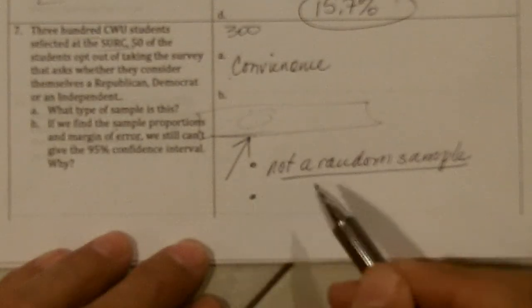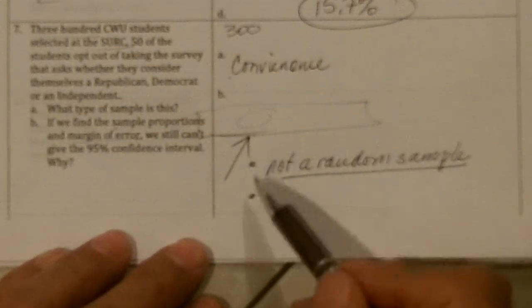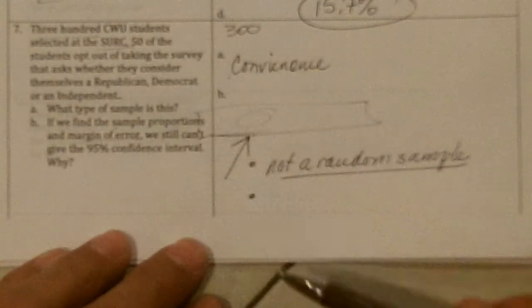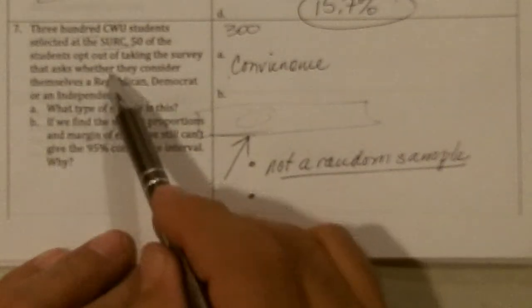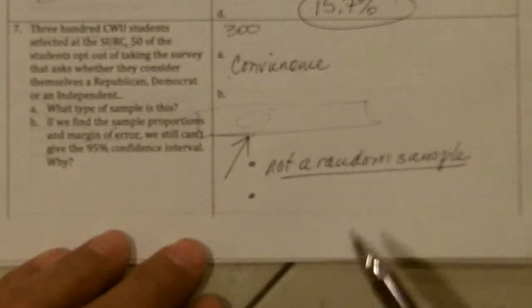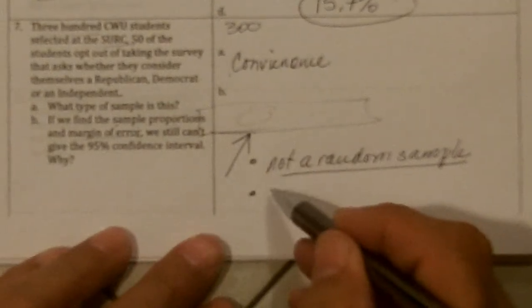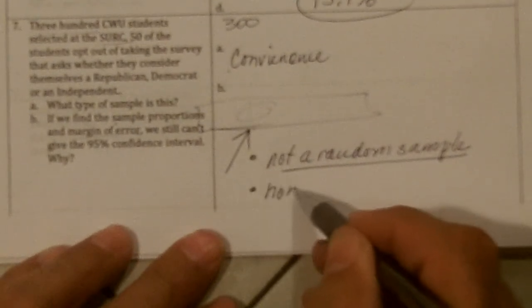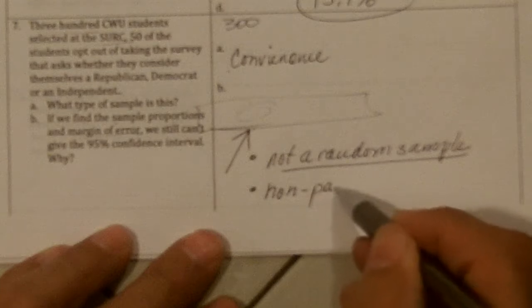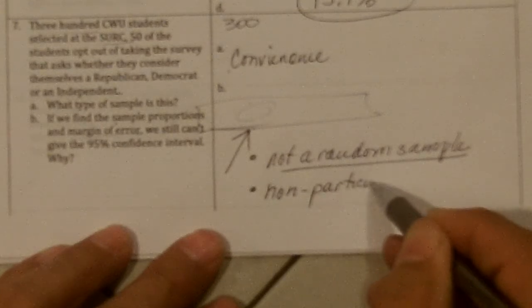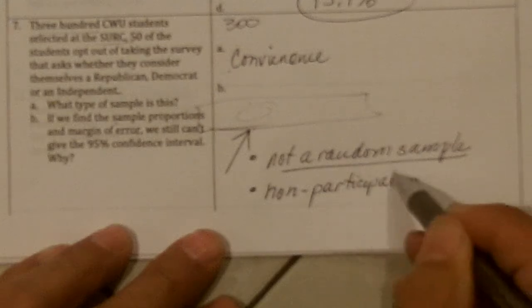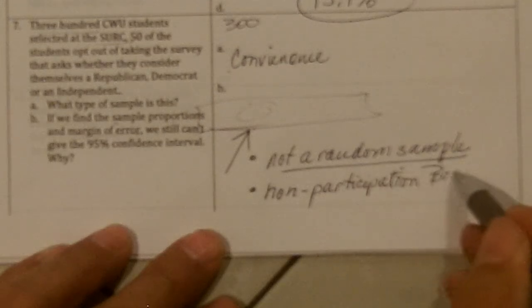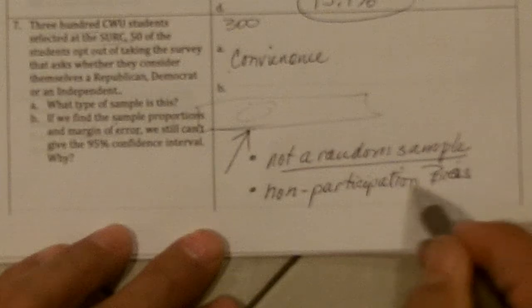And the second one, and if you were to catch both of these on a test, that'd be even bonus, is that there are 50 that opted out. That's non-participation bias.